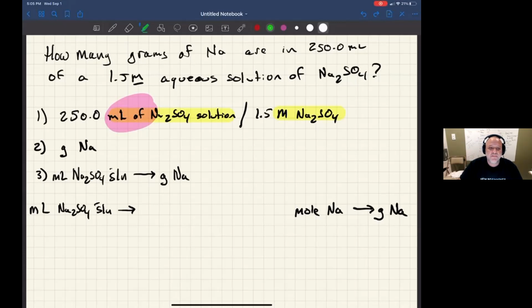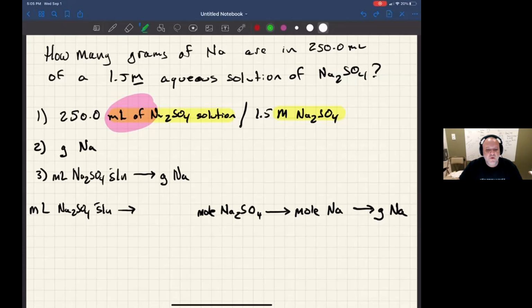moles of sodium. Now, sodium isn't the operating compound in this problem, sodium sulfate is. But if I know how many moles of sodium sulfate I have, then I know how many moles of sodium there are, because I can do that via the relationship in the formula of sodium sulfate. 2 moles of sodium is in 1 mole of sodium sulfate.